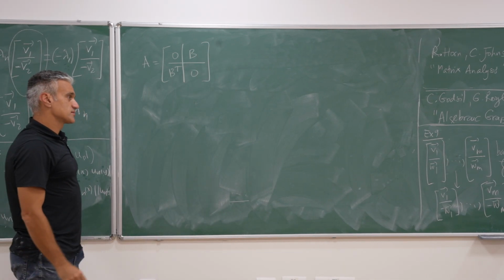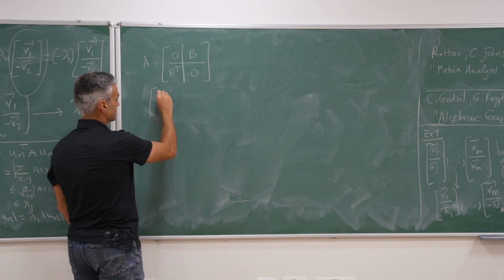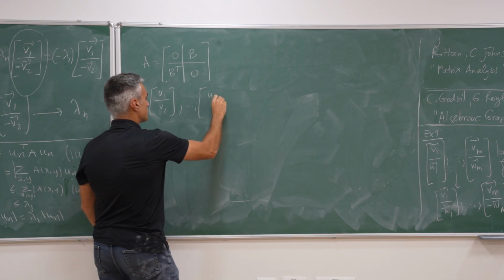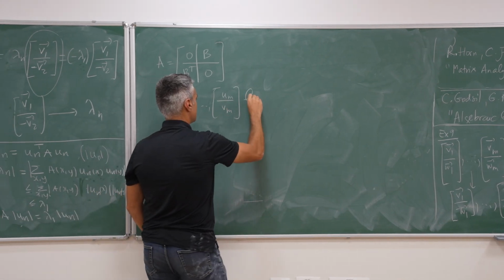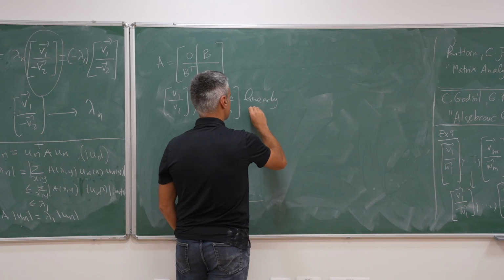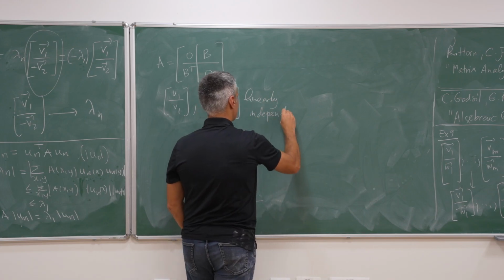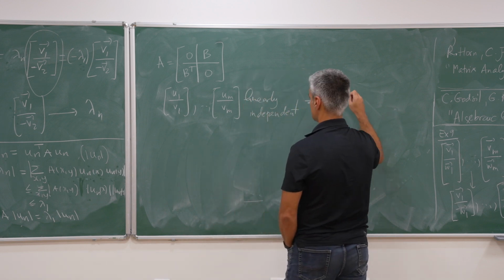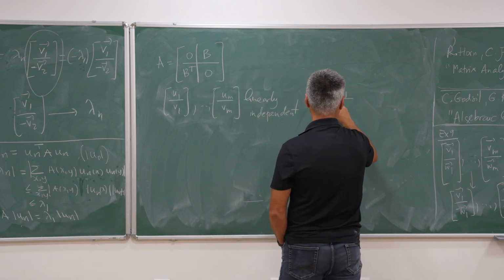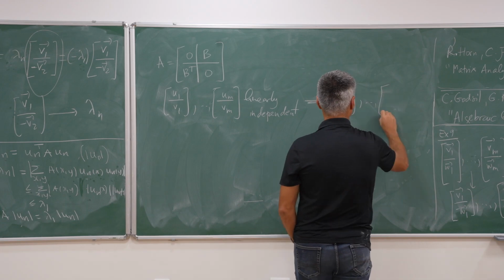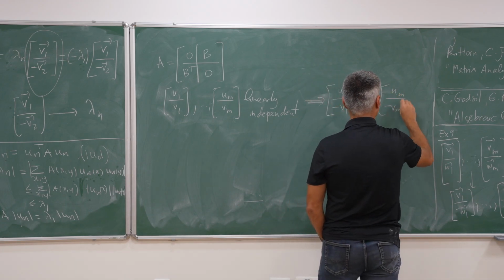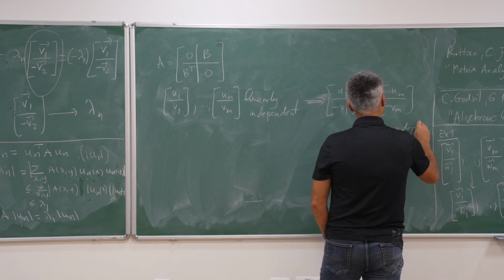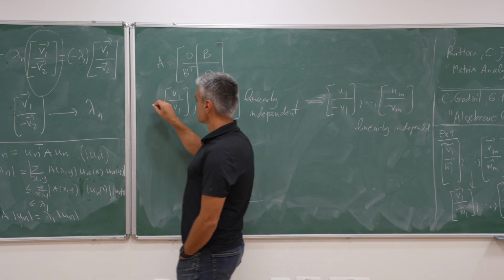And we said that if you have these vectors u1, v1, so this was the first part.